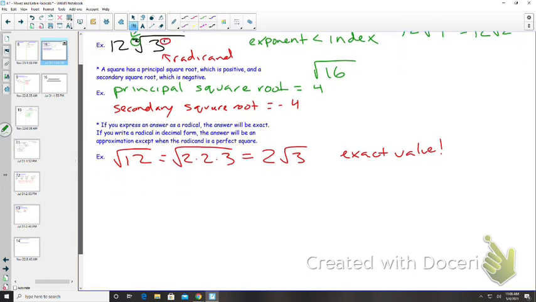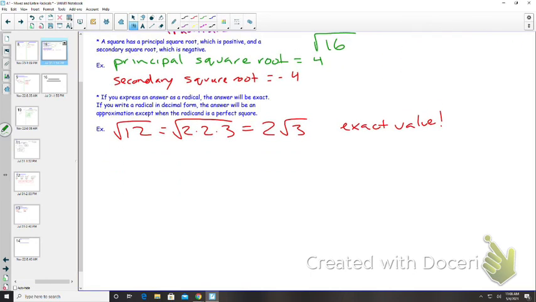If you just take the square root of 12, you'll get 3.464..., an approximation, because somewhere along the line you rounded. So it's not an exact value. When you want really precise measurements, you would use radicals and not an approximation from a decimal.